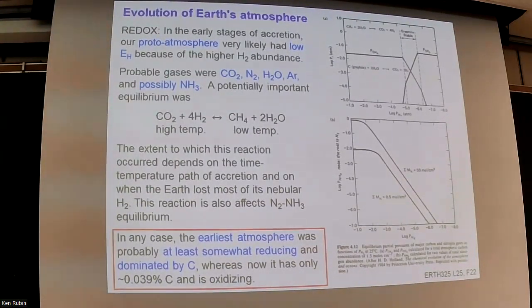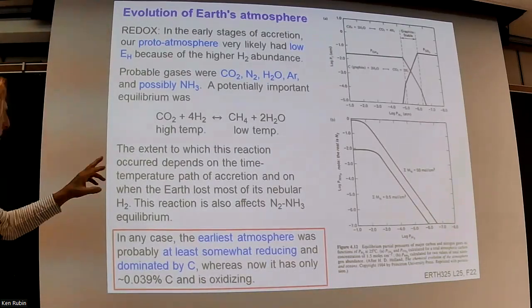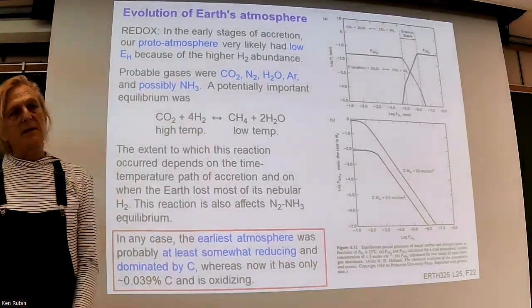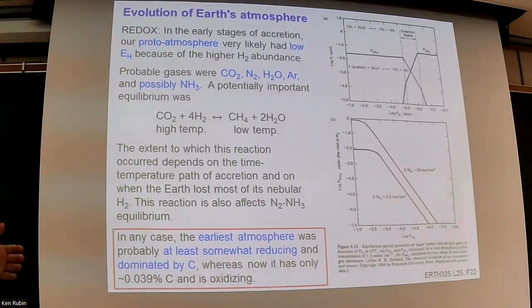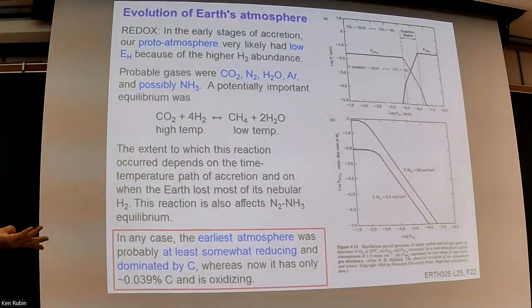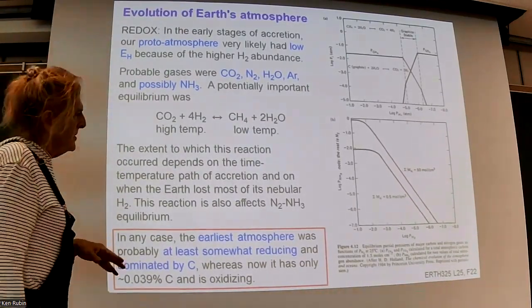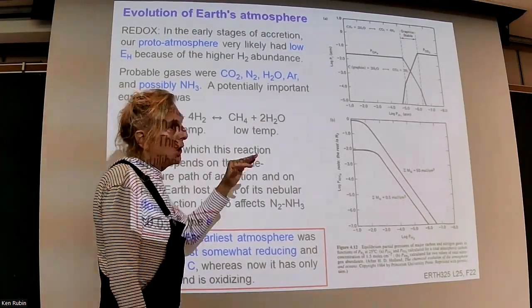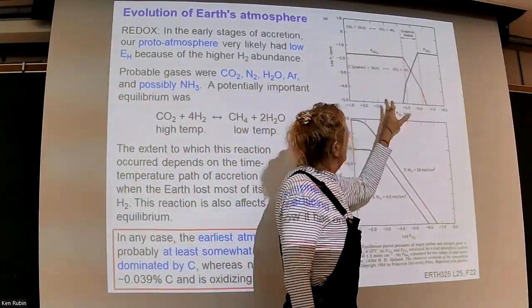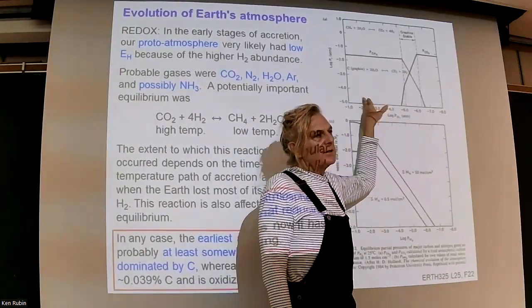So we can make some really simple calculations based on the solar abundances of elements, the condensation sequence, and the fact that we know we lost most of our hydrogen and our helium, to say stuff like, okay, for instance, for these chemical elements which are important in life, the carbon and the hydrogen, what oxidation state were they formed in? There's a couple of things that we can calculate just using thermodynamics, such as the relative proportion of carbon that is as methane or CO2 as we change the partial pressure of hydrogen, right?